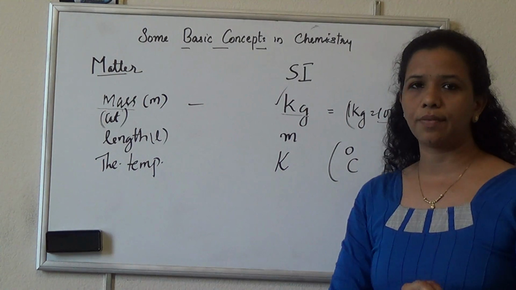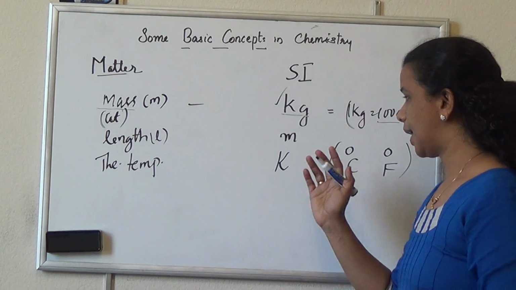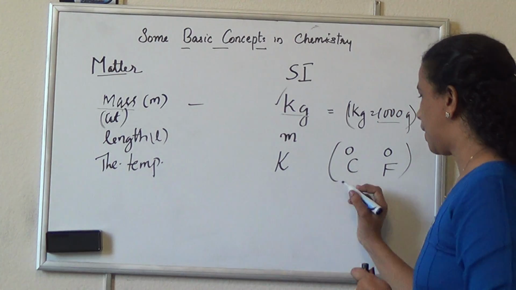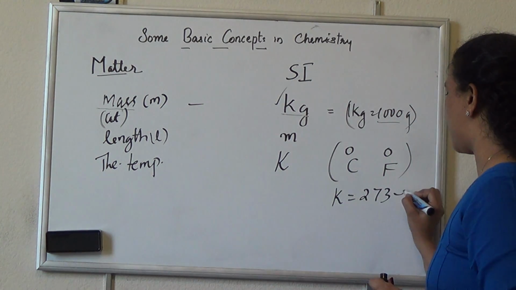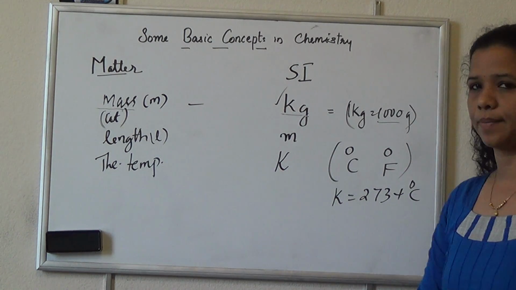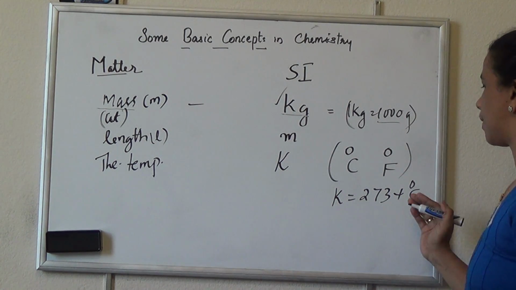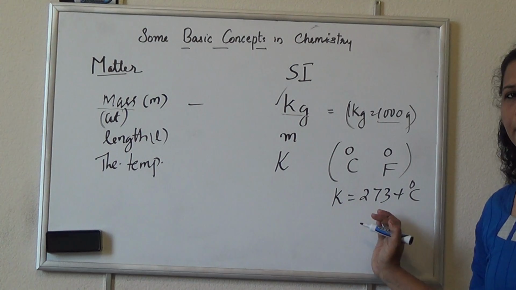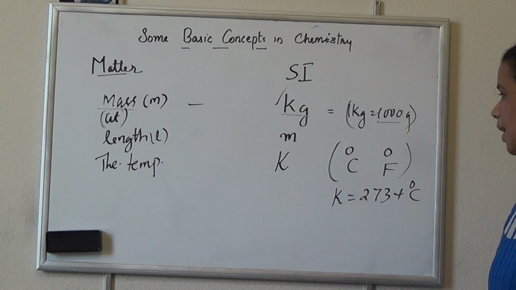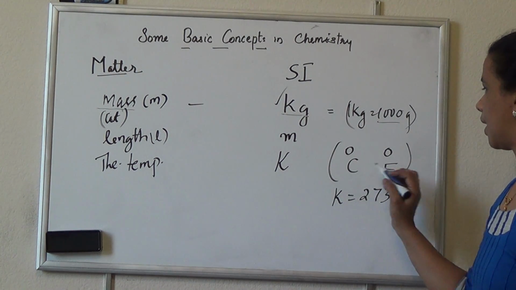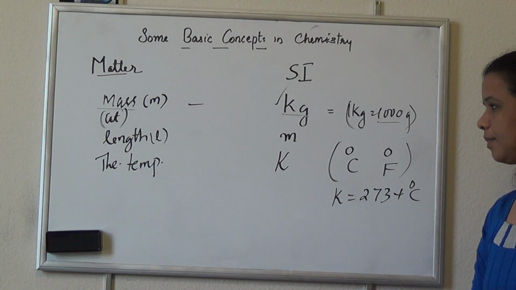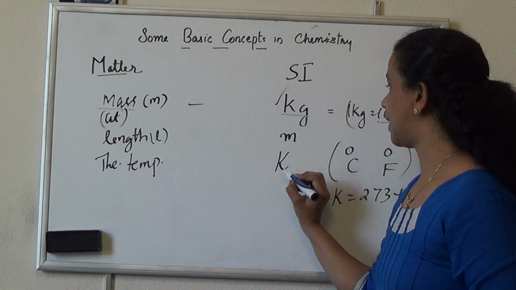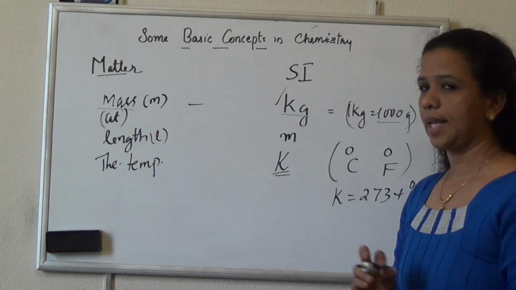In addition to Kelvin, we know that Kelvin is equal to 273 plus degrees Celsius. We can convert the temperature from degree Celsius to Kelvin by adding 273. In the same way we can convert degree Celsius to Fahrenheit also. So the commonly used SI unit of temperature is Kelvin.